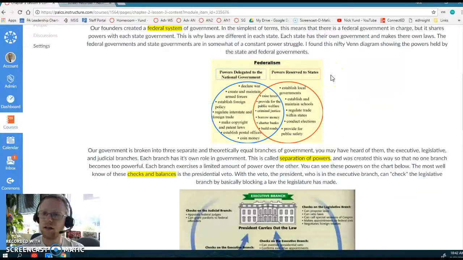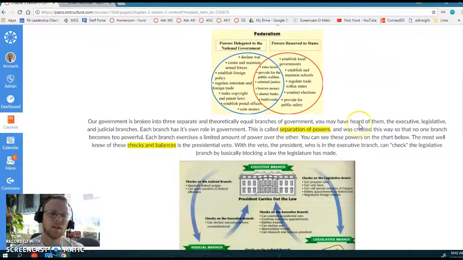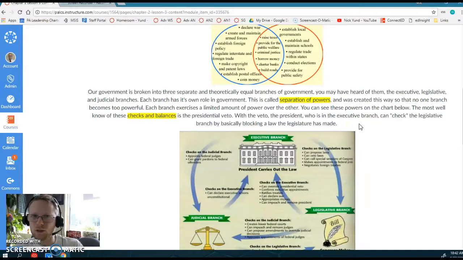Post office, making money. But the states can establish local governments. The states are in charge of schools like ours. It's controlled by Pennsylvania. States conduct elections and then do things like public safety. That's like fire departments, police departments, stuff like that. Alright, so that's the federal system.